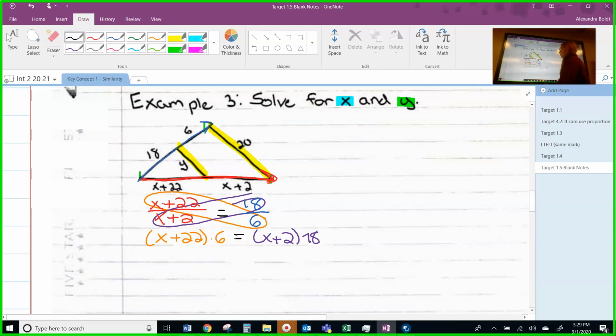So on this one we have to distribute on both sides, so I have 6 times x, which is 6x. 6 times 22 is 132. 18 times x is 18x. 18 times 2 is 36.